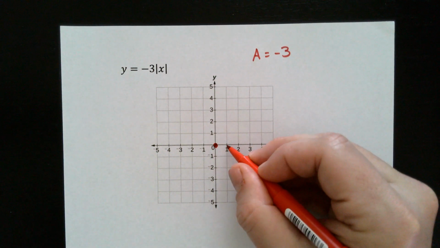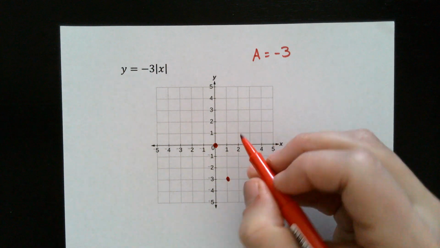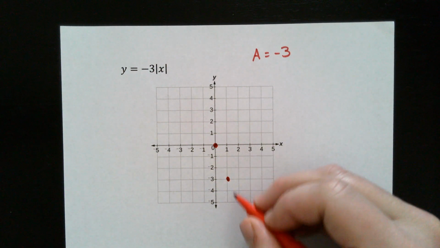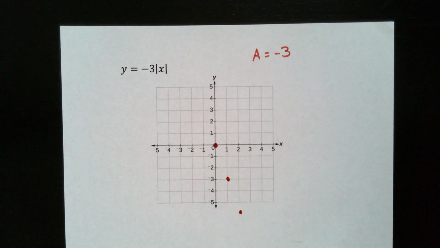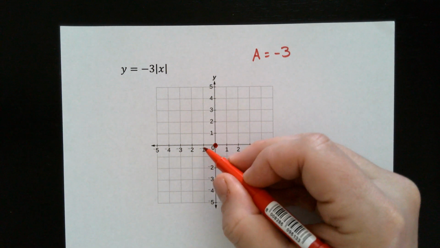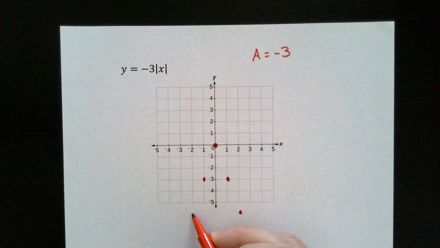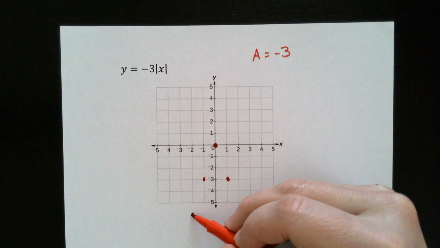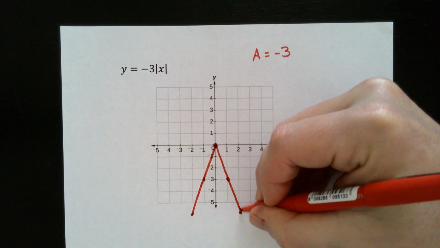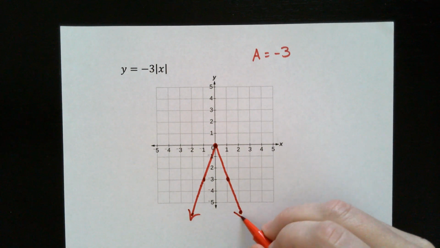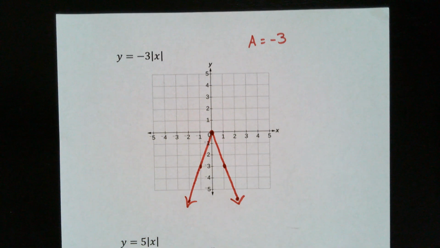So when I go over 1, I have to go down 3. And if I had a little more room here, I could go down 3, 1, 2, 3, and over it would be about right there. Okay, and then do the same thing, go over to the left and down 3. And it would be about right here if I had a little more graph. So here's what the graph looks like. And that is the graph of y is equal to -3 times the absolute value of x.